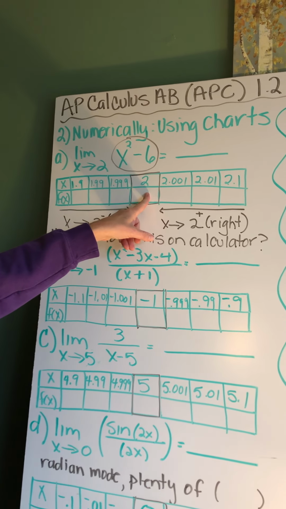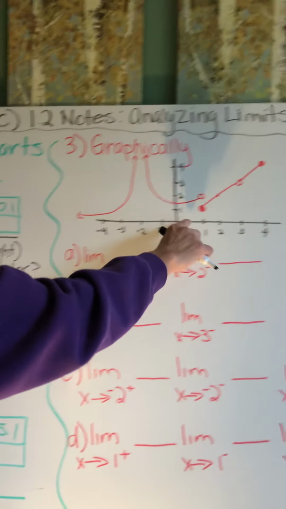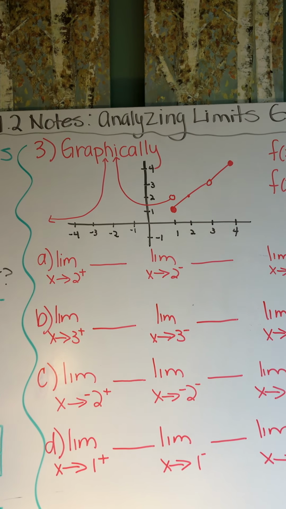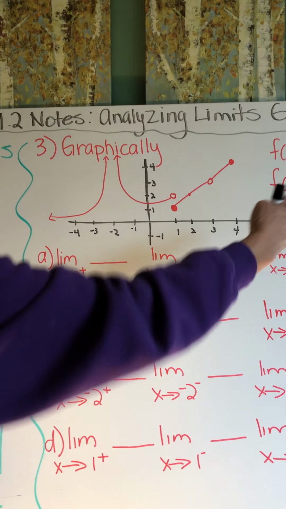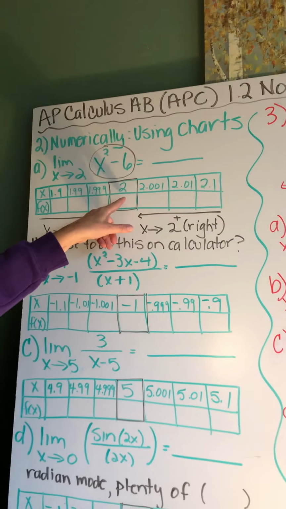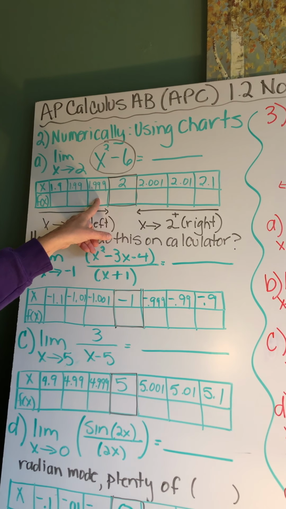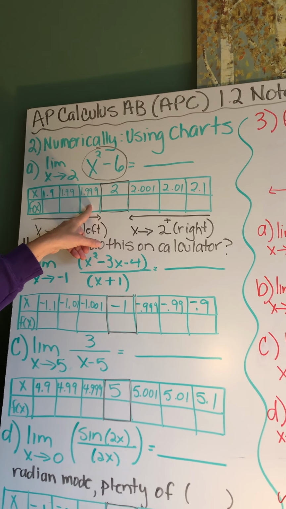Now there are 2 ways for us to approach an x value of 2. X's are horizontal, they're on the x-axis. So how do I approach x? Well, I approach x from the left, or I approach from the right. Notice that's what we're doing right here. Here's 2. On the left of 2, 1/1000th of a way is 1.999.